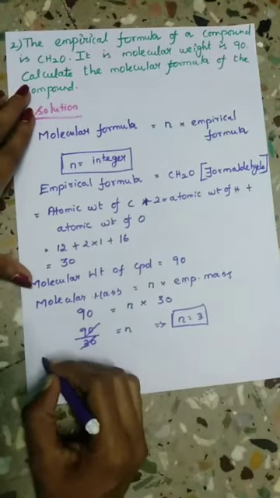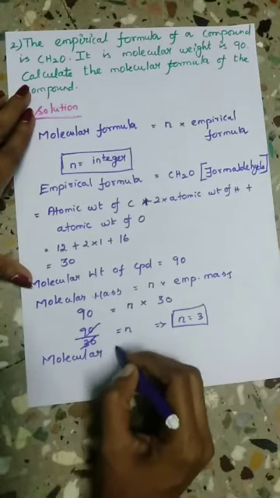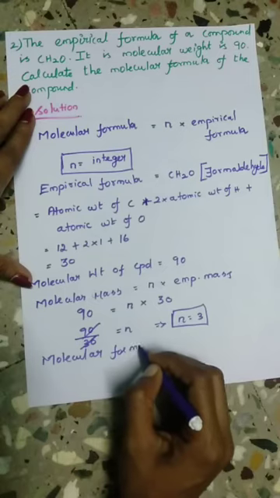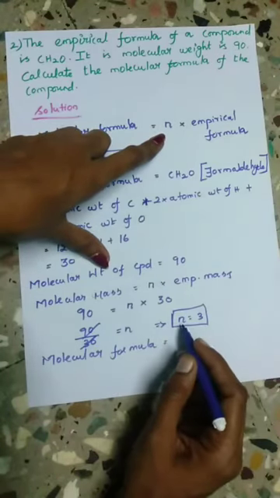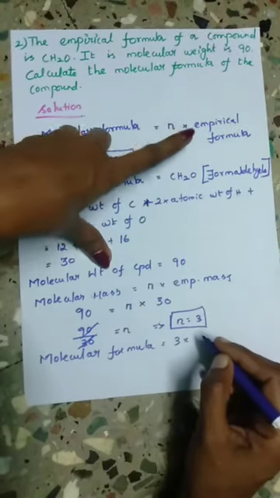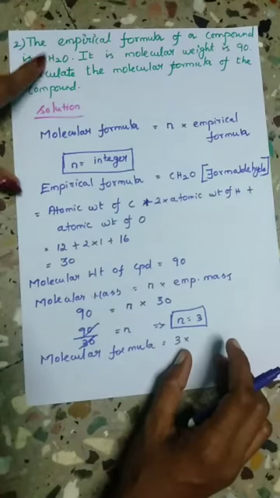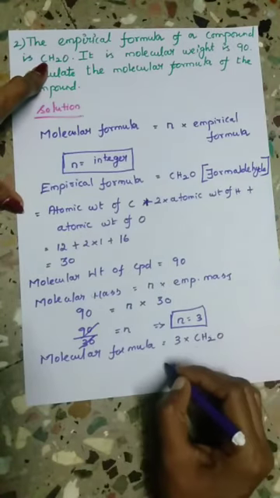So the molecular formula is equal to, we substitute this n value here, 3 multiplied by the empirical formula, CH2O.